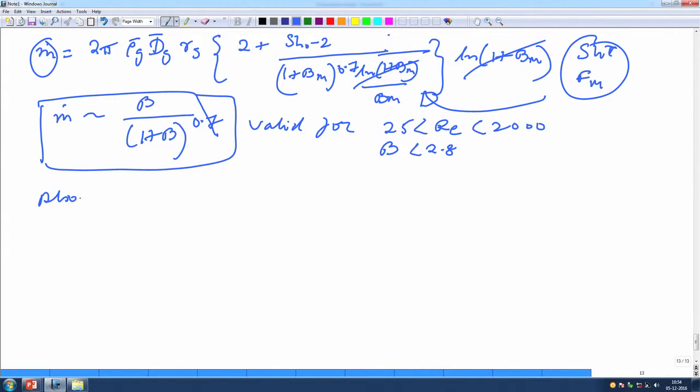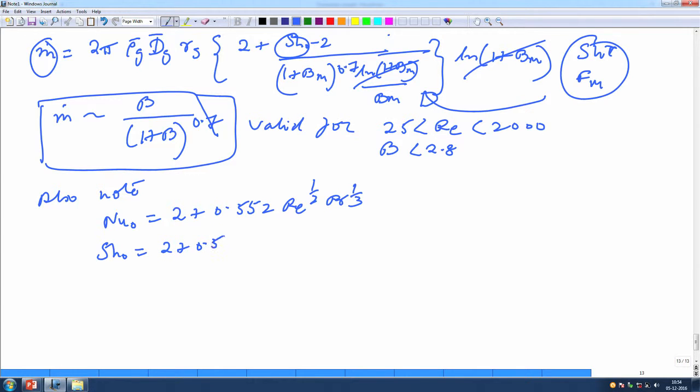Now, also note, because we still have these two numbers which are basically unknown, Sh naught and Nu naught, the Nusselt number and the Sherwood number, note that those are given by standard correlations. This is for a non-vaporizing sphere.